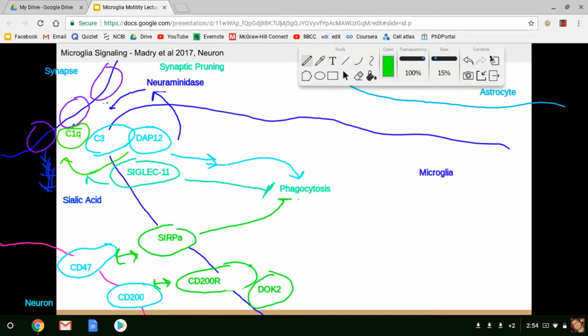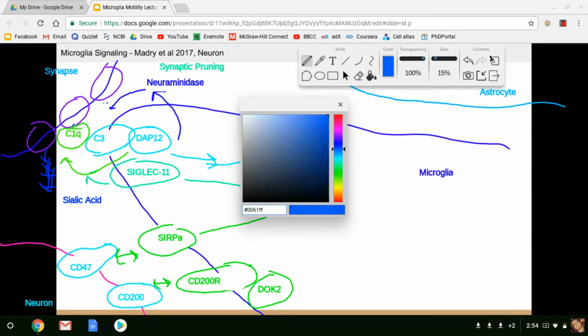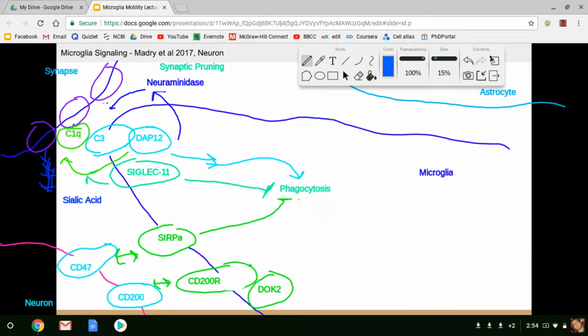I think of it as a docking protein because it docks to autophosphorylated CD200 receptors. And DOCK2 recruits a RAS GAP, a GTPase-activating protein.